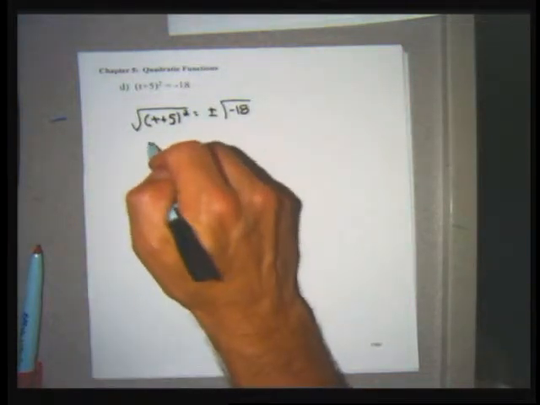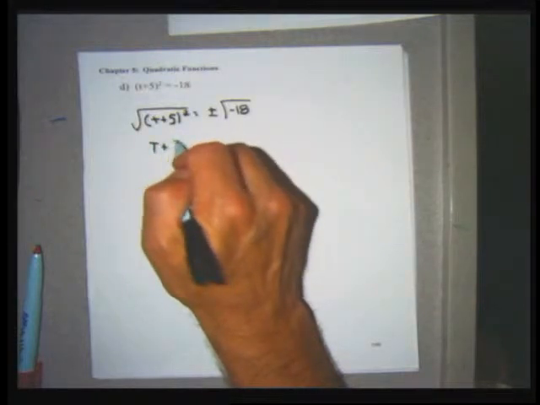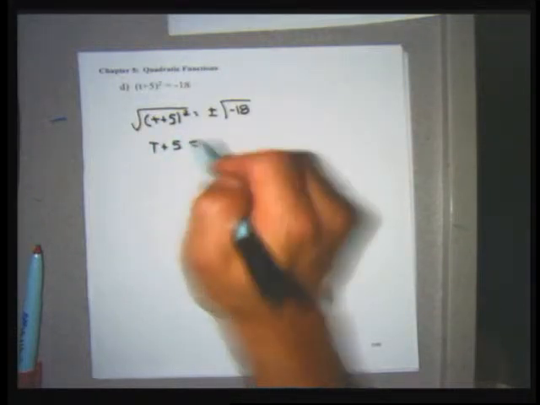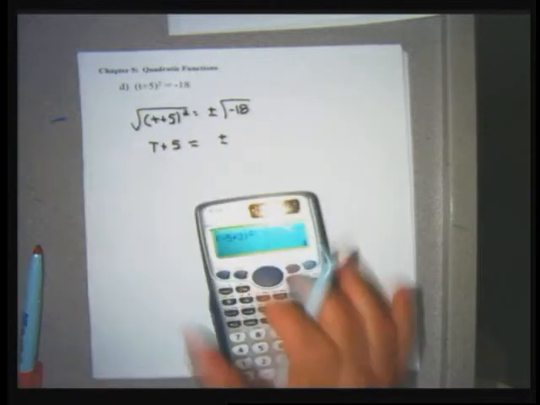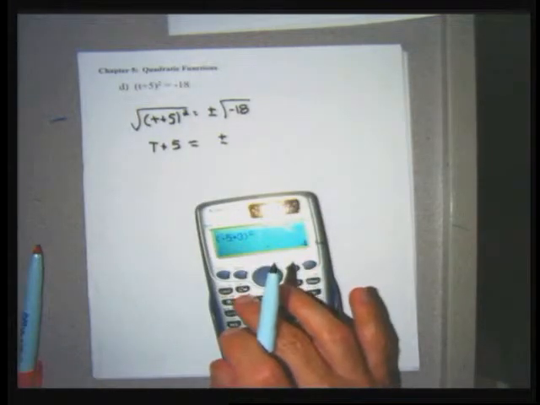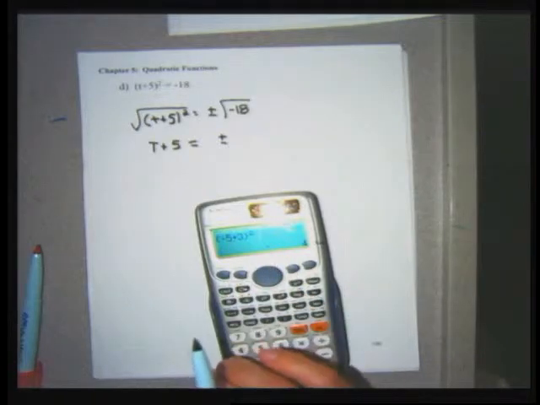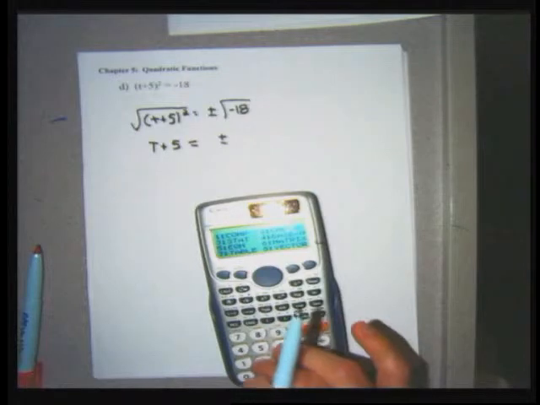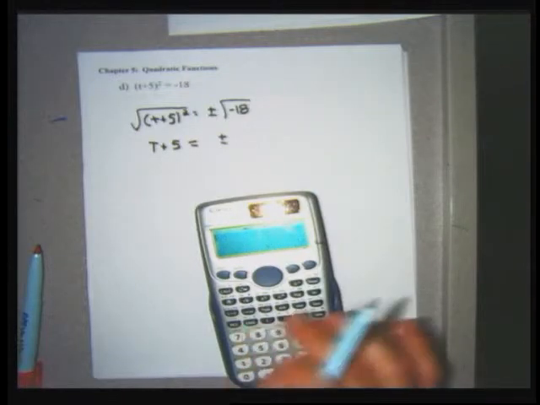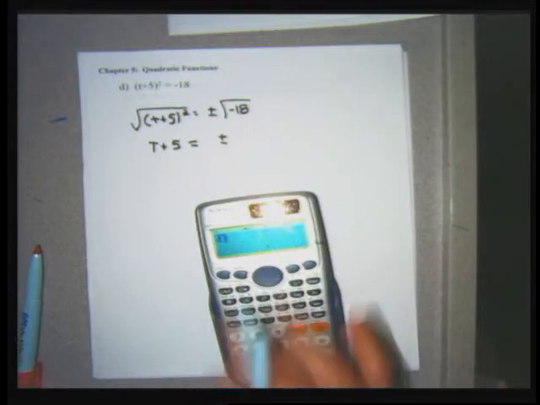For this problem on the left side, when I square root, I'm going to get t plus 5. On the right side, I get a plus or minus sign, and I can reduce the square root of negative 18 pretty easily if my calculator is in complex mode, which it doesn't look to be, so I'm going to hit my mode button and type 2. And now I'm going to do square root of negative 18.